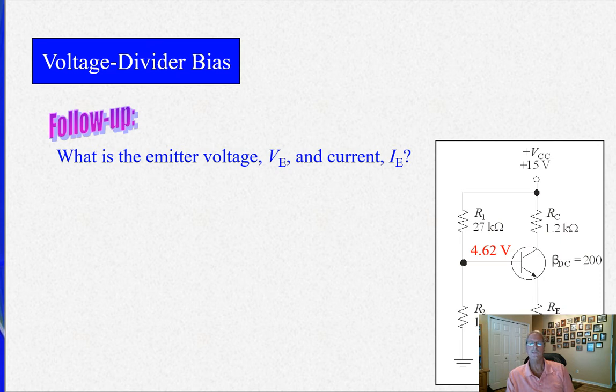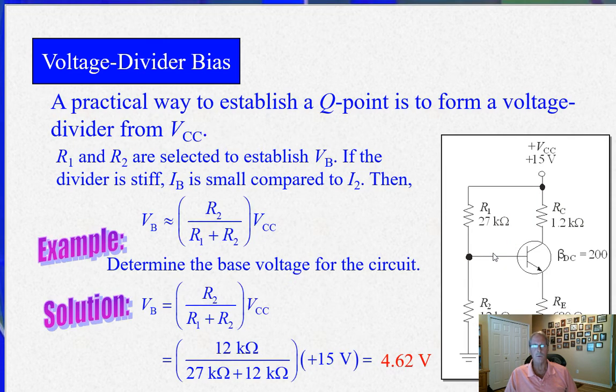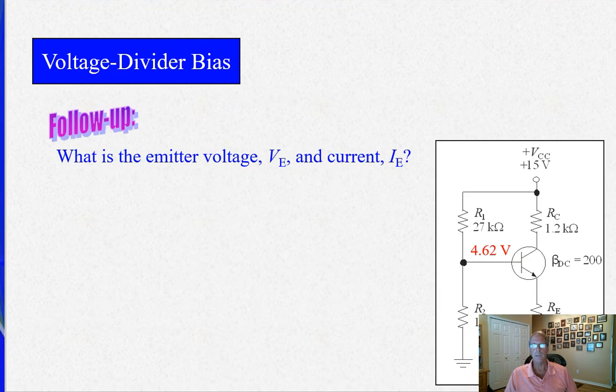So we have 4.62 volts here on the base as a result of that calculation. And so what's VE? Here's the emitter. Well, remember, when a transistor is operating, and we're assuming it's in quiescent, it's just sitting here operating.